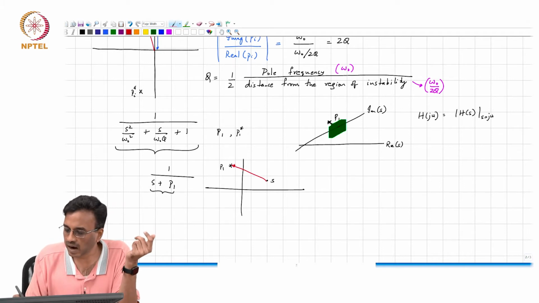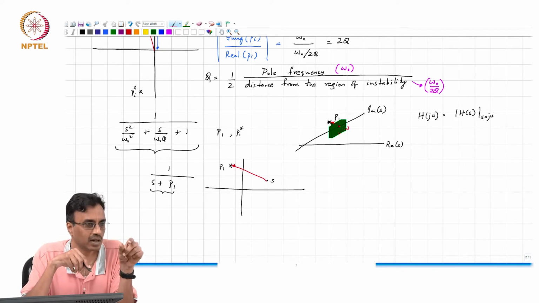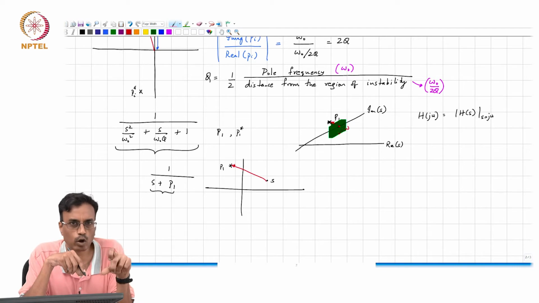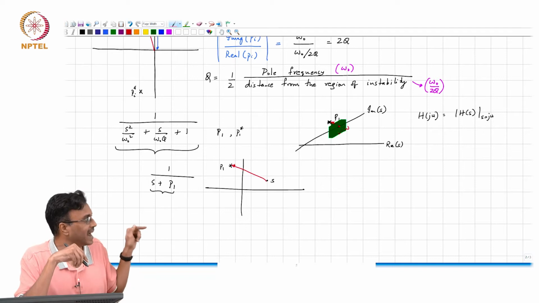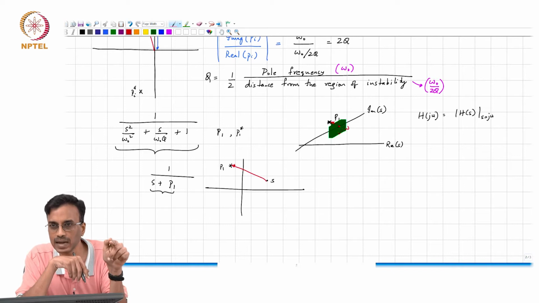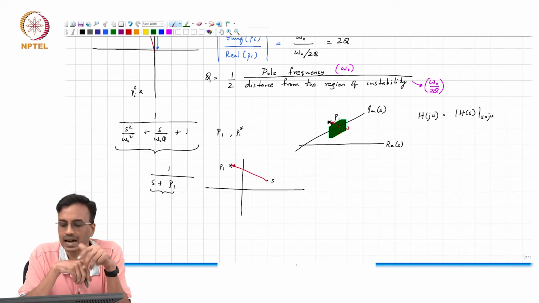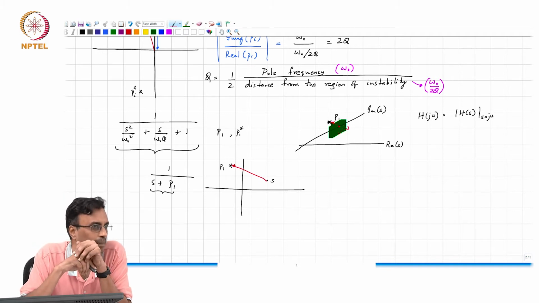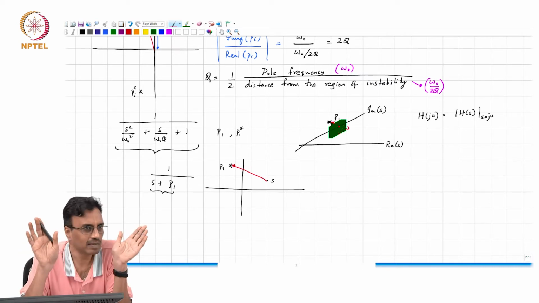That is because at this j omega, for instance, the arrow that goes from that point to the pole is the shortest, and the response is 1 over the length of that arrow, and therefore in that region the length changes most rapidly, and therefore you should expect to see that pole has the maximum influence on the magnitude response when you evaluate the frequency response over that region. Does it make sense?